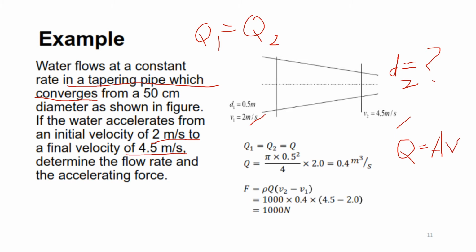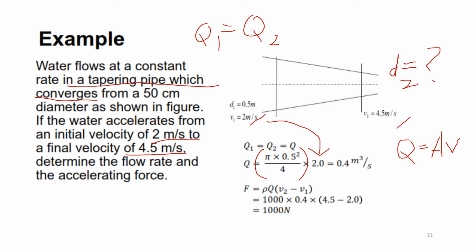So this is how we calculate the area. Area is pi d squared over 4, times the velocity of 2 for entering. So we get Q1 is 0.4 and Q2 also 0.4 meter cubed per second.